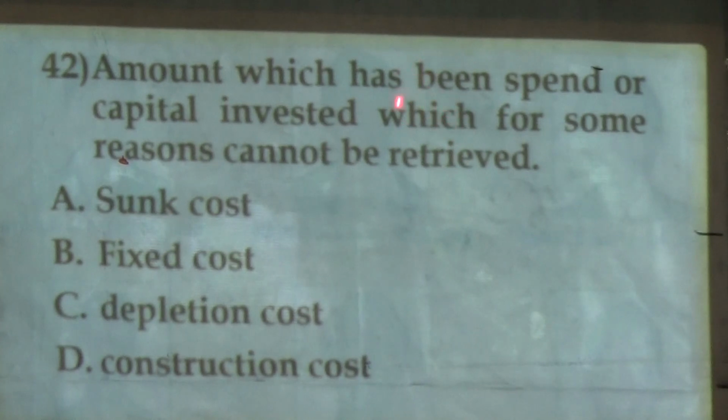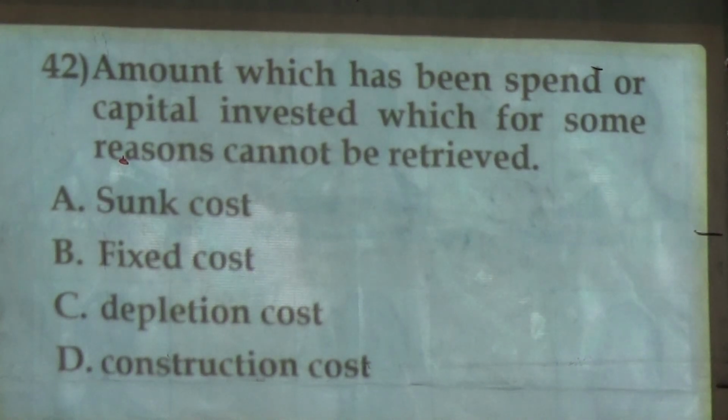42. Economics, nagtatanong ng term sa eco. Amount which has been spent or invested for some reasons that cannot be retrieved. Okay? Pag hindi alam, mag-elimination method. Ano yung pwedeng eliminate dyan? Alam mo ba yung sunk cost? O, huwag mo eliminate yan, di mo alam eh.